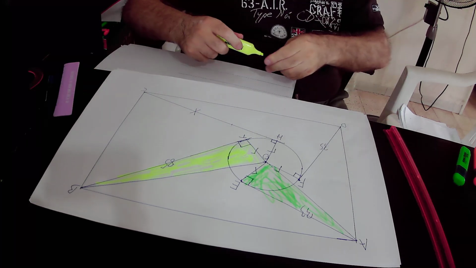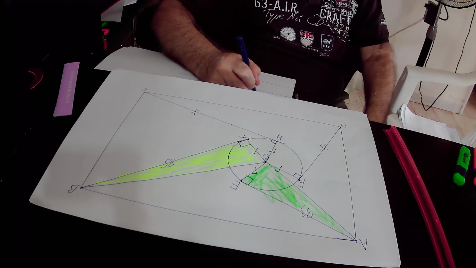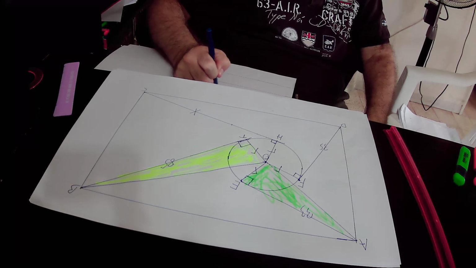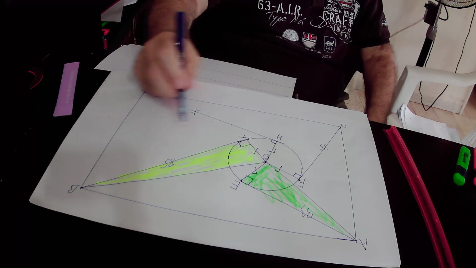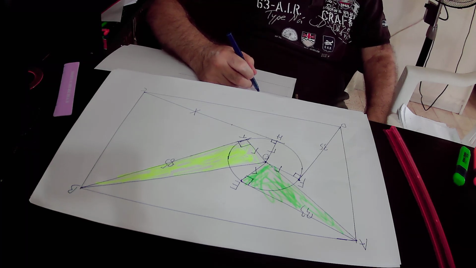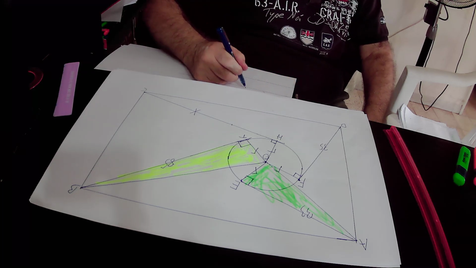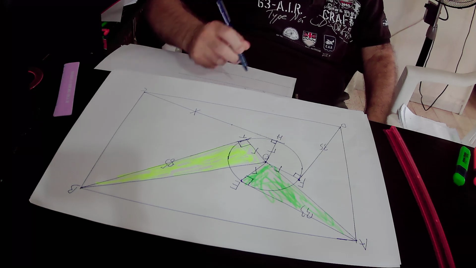By PT, BO square equals OT square plus TB square.